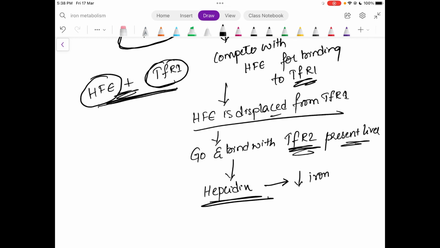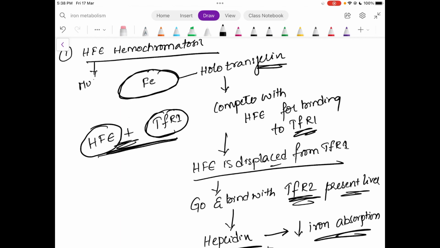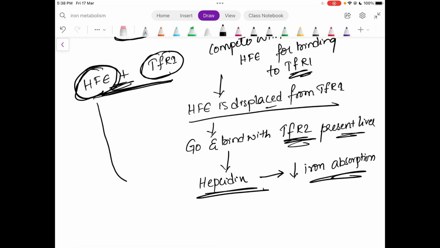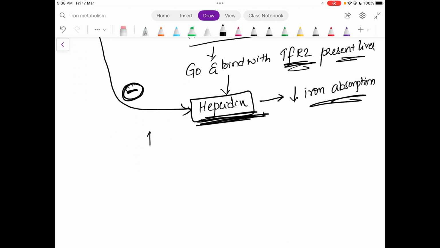It decreases iron absorption. This is the normal thing which will happen in a person. But what happens in HFE mutation? If this is mutated, then this will prevent synthesis of hepcidin. If hepcidin is not synthesized, then what will happen? This will increase iron absorption.